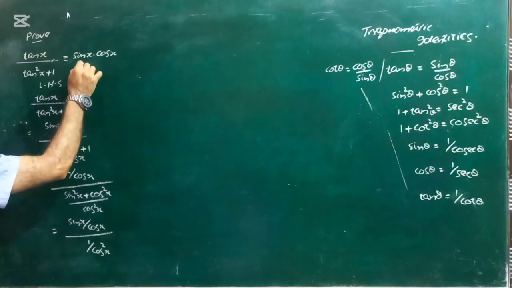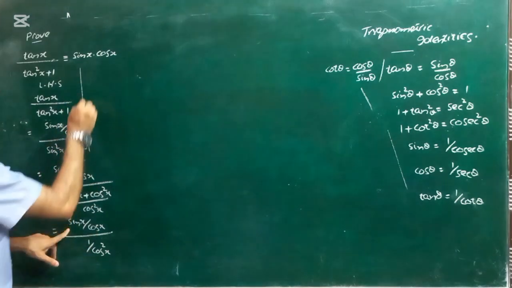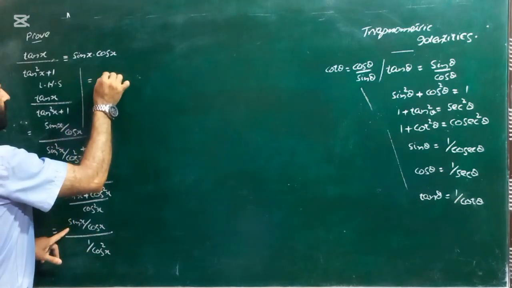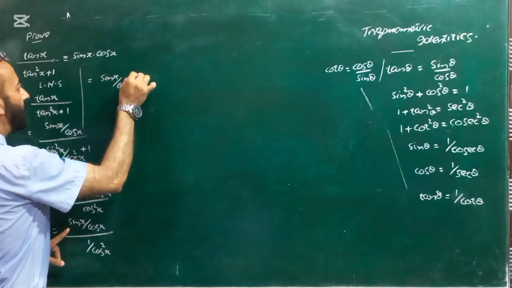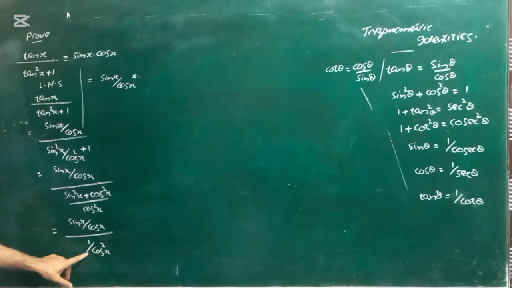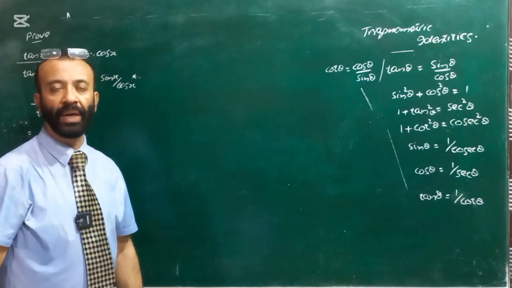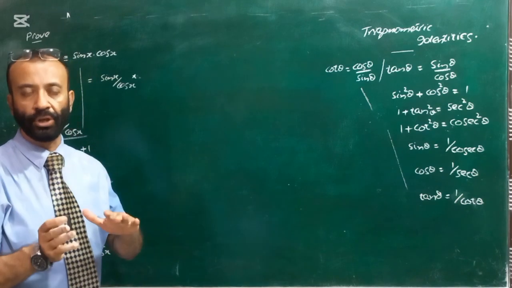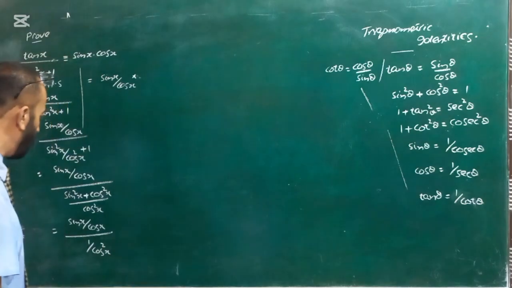In the next step, sine x over cos x is still there. And in the denominator, we have a fraction now, 1 over cos square x. So when it will come to the numerator, listen, one rule: when a fraction goes from numerator to denominator or from denominator to numerator, we have to take the reciprocal of that one.